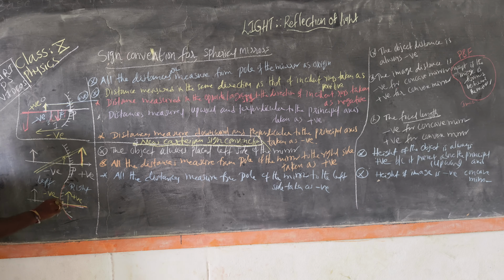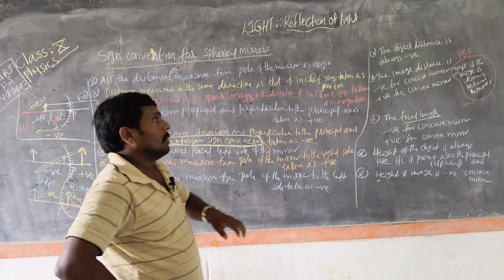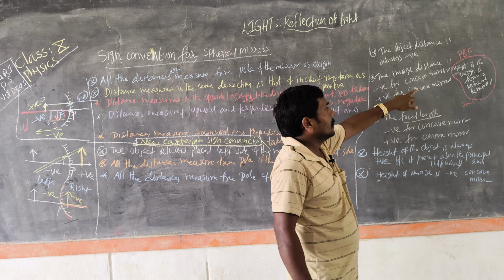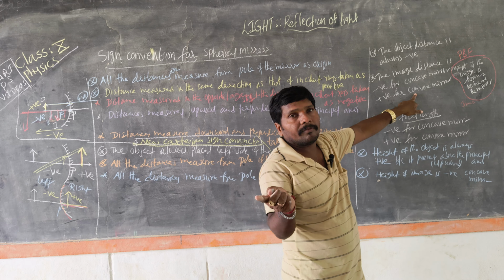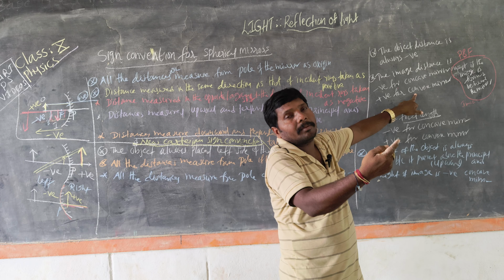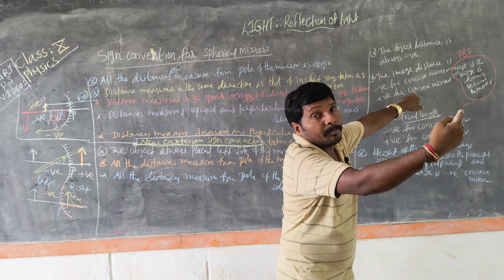So that's why it is positive. The image distance is always positive for a convex mirror because the image is formed behind the mirror, on the right side of the pole.